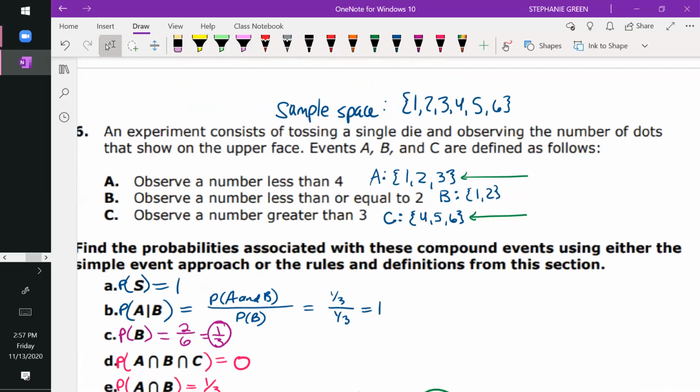If event A and event B were happening in 2 different rolls, then they would be independent, because rolling a die a certain way once does not affect the probability of rolling it another way the second time. But in this case, we're talking about rolling a die one time and seeing multiple things.